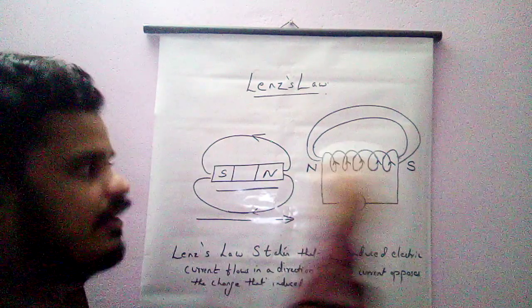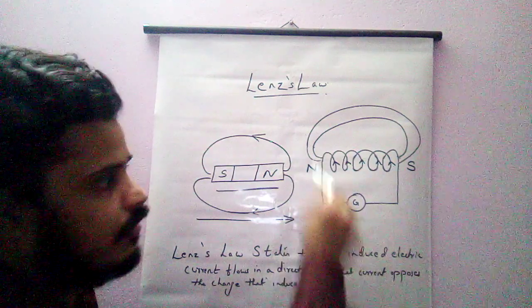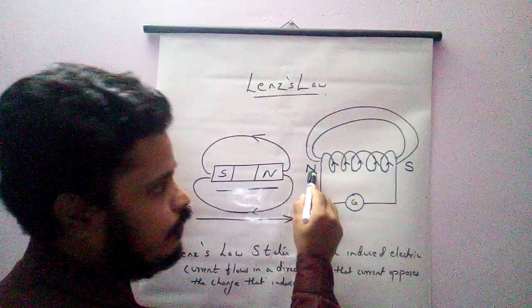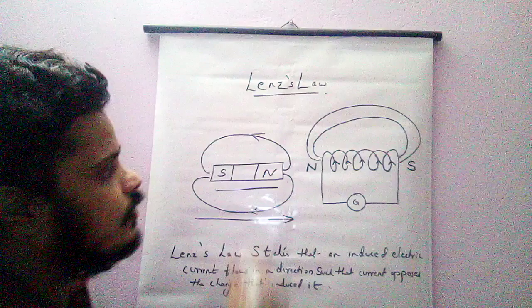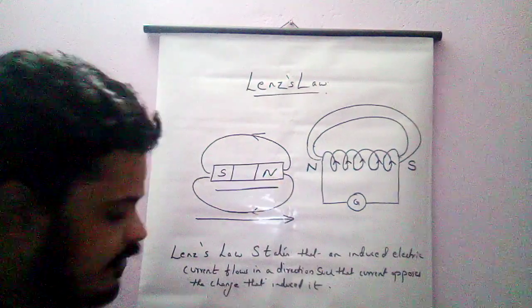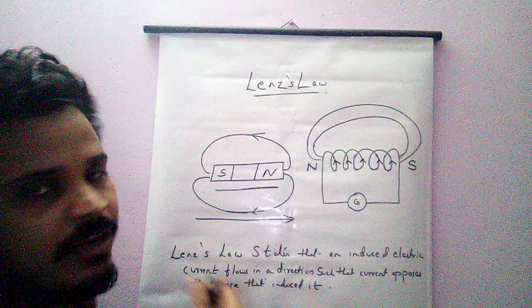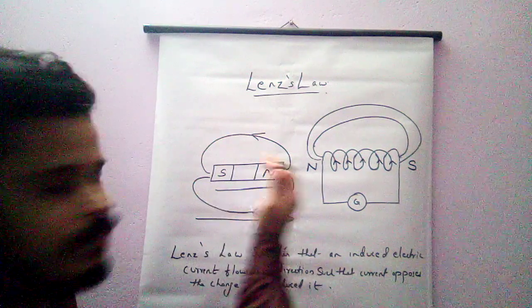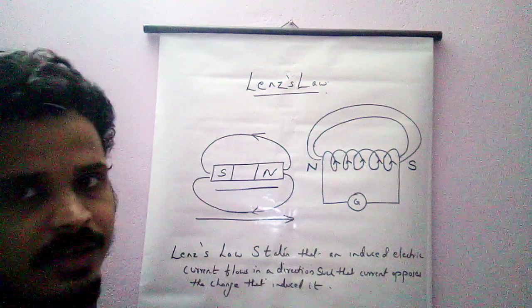The magnetic field developed across the coil will have north pole here and south here. Because of these two north poles, there is a repulsion happening, so this bar magnet will tend to repel away from this magnetic field.